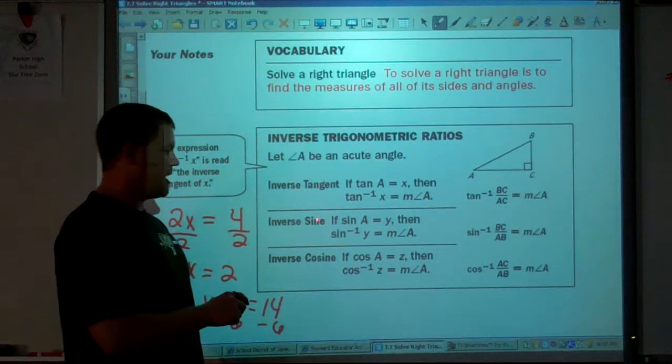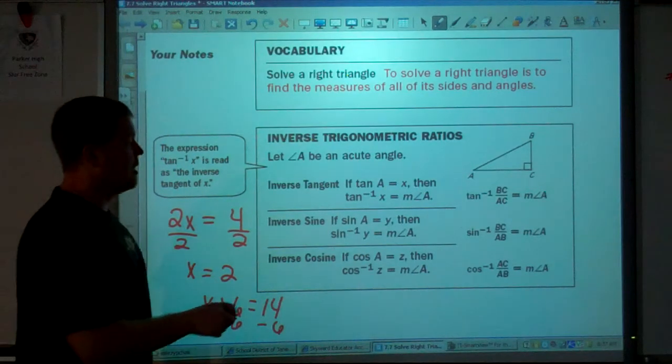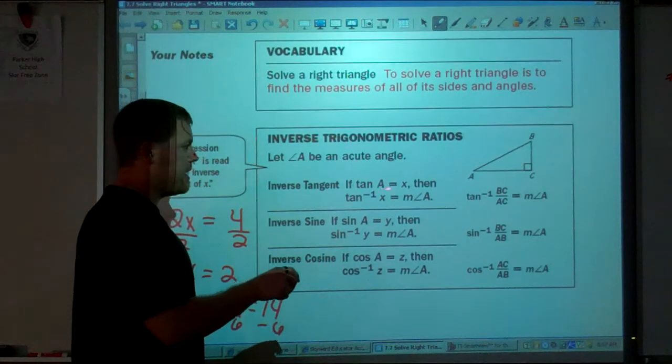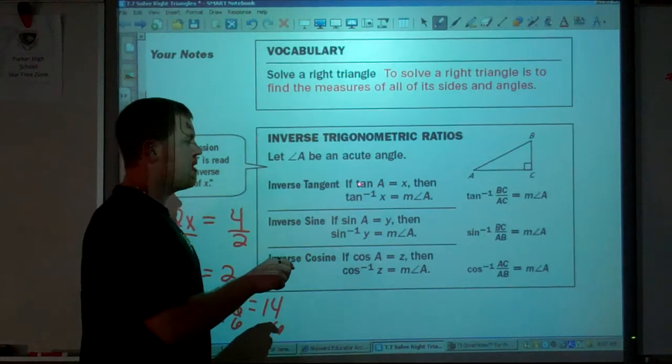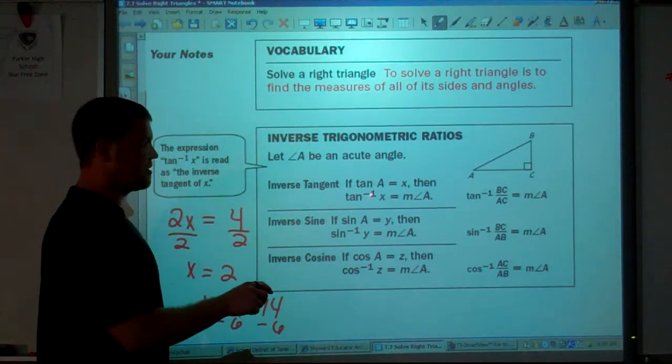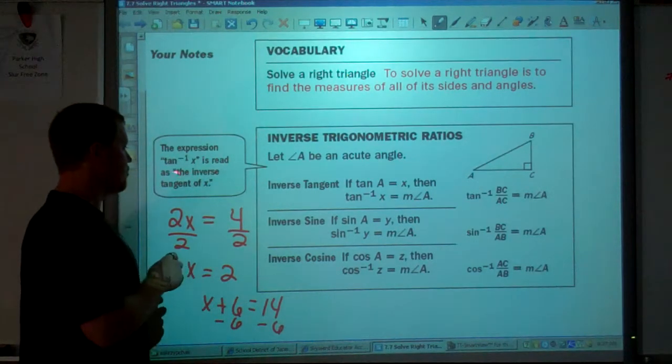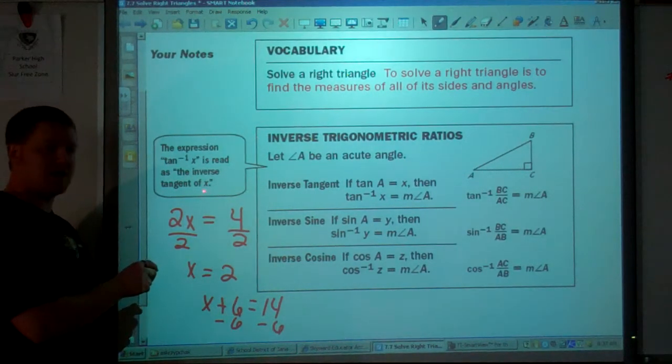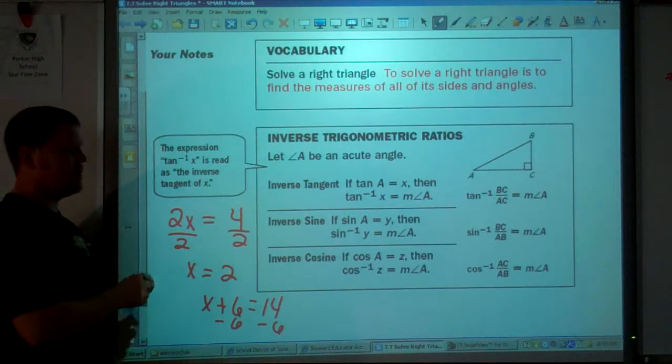Same thing applies to tangent, sine, and cosine. To find the measure of angle A, we have to get rid of tangent. So we use the tangent inverse, which is the little -1. Write either the inverse tangent of x or the tangent inverse.